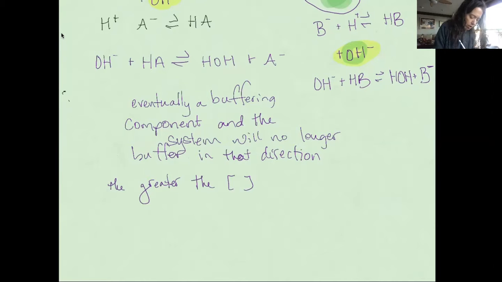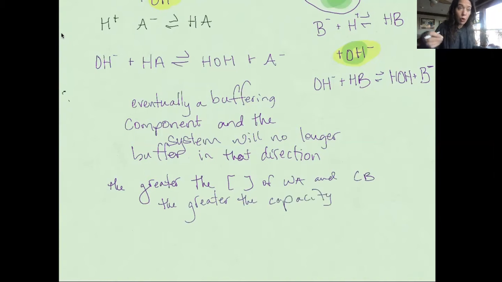So the greater the concentration of weak acid and conjugate base, the greater the buffering capacity. Hopefully you understand that means there are more molecules to accept the H or the OH.